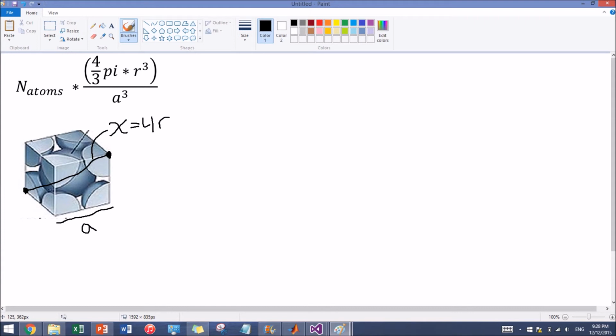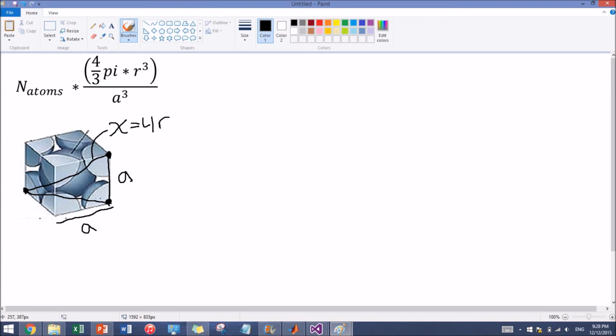So now we have a good way to measure r, but we still need a way to tie it to a. Well, we know that this length is a, and we know this length from this corner to this corner, just like FCC.